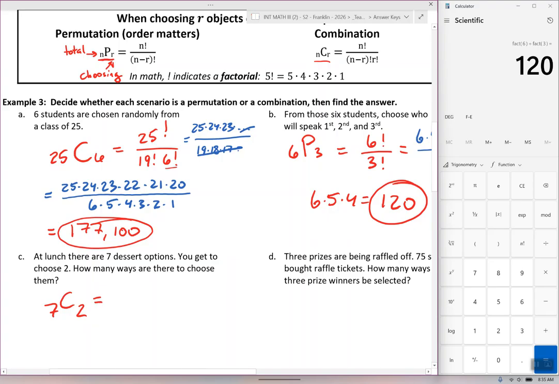I think this is assuming that we can't choose the same one twice, although that is sometimes an option, but that's not an option here. Okay, so 7 choose 2, which would be 7 factorial over 7 minus 2 factorial, which is 5 factorial, and then we have the 2 factorial as well.